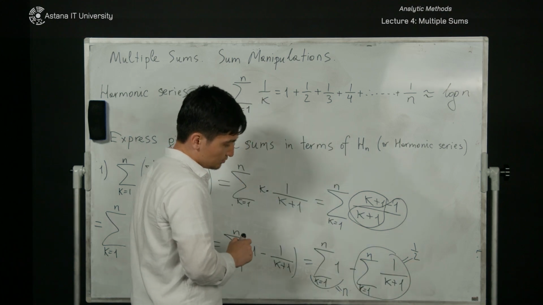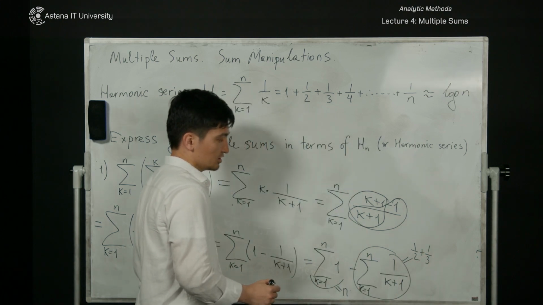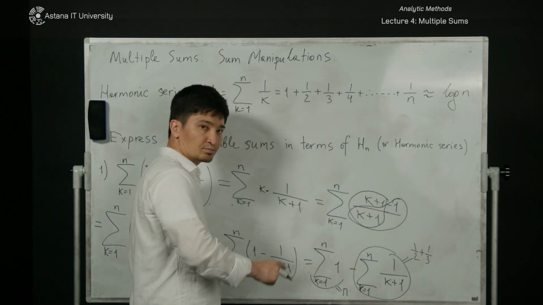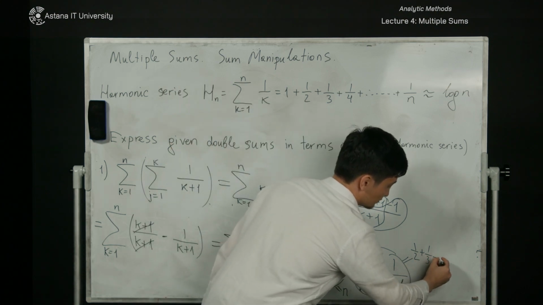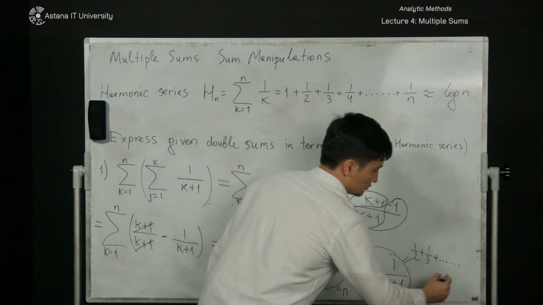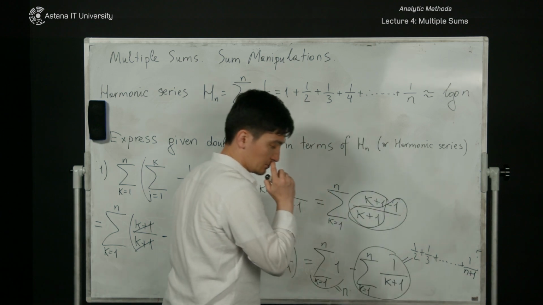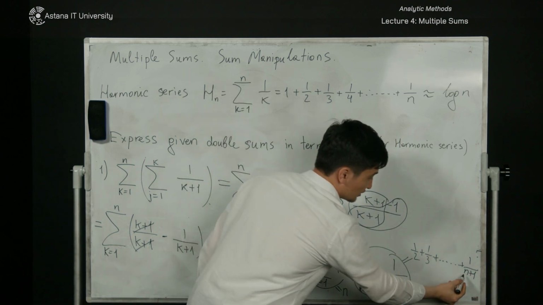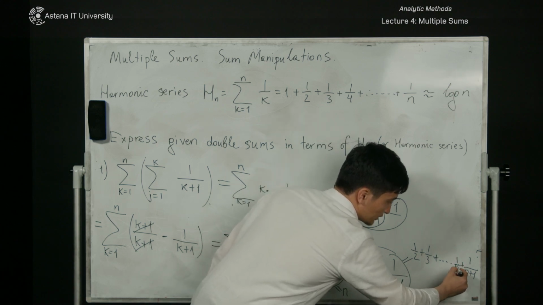When k equals 2, the second term is plus 1 over 3. When k equals 3, it will be 1 over 4, and so on, until when k equals n, we will have 1 over n plus 1. And remember, guys, that before 1 over n plus 1, we will have 1 over n.